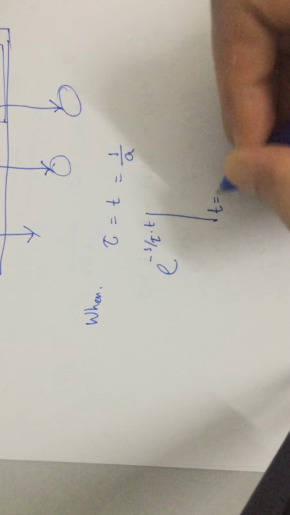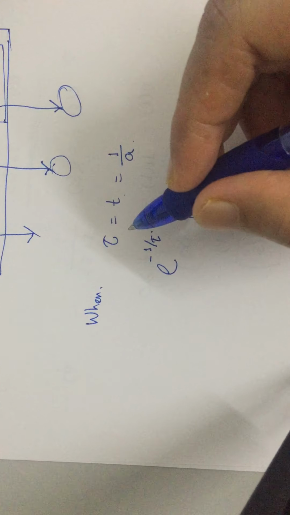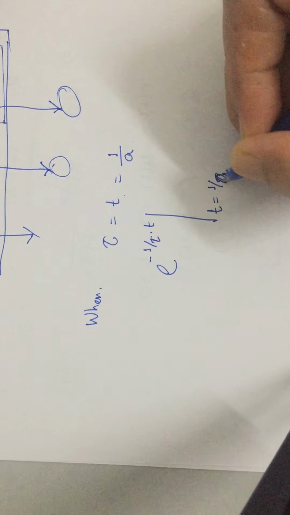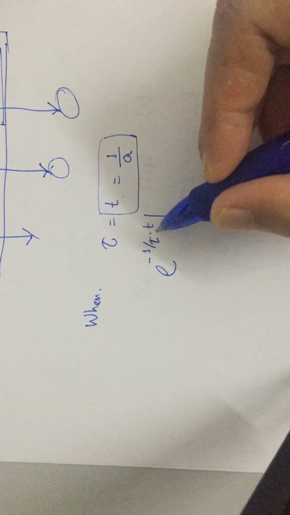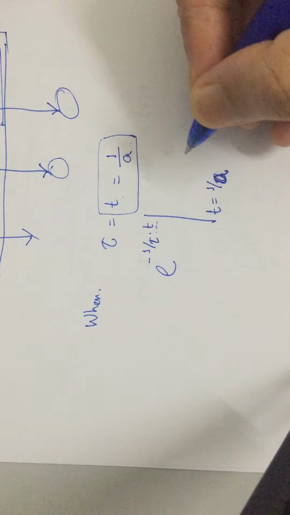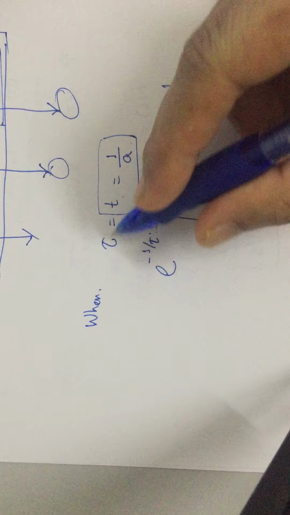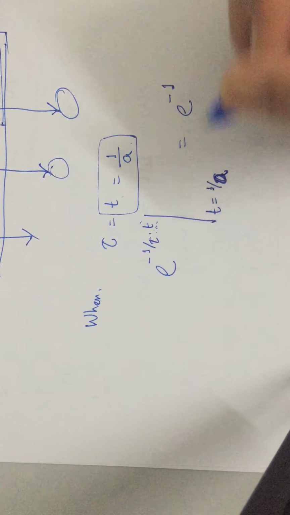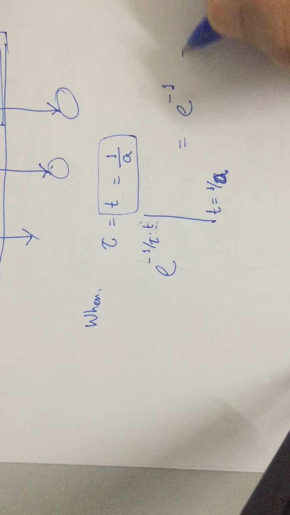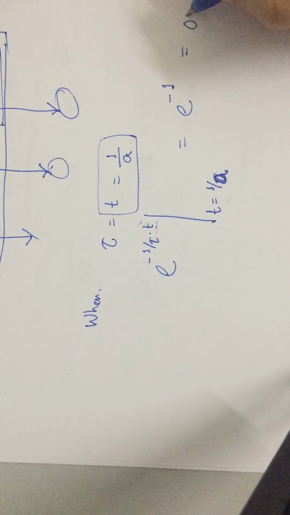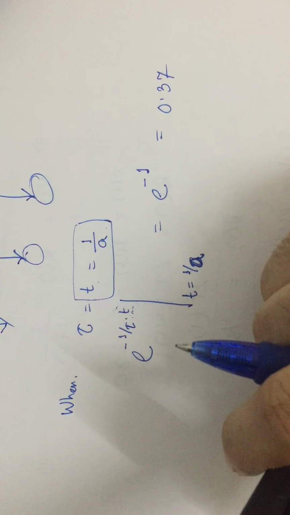So at this moment t equals 1 over a. We place it here, and it will give us e power of minus 1. Actually same thing if you give t equals 1 over tau, because this is a. That one will give us 0.37. Okay, the value is 0.37.